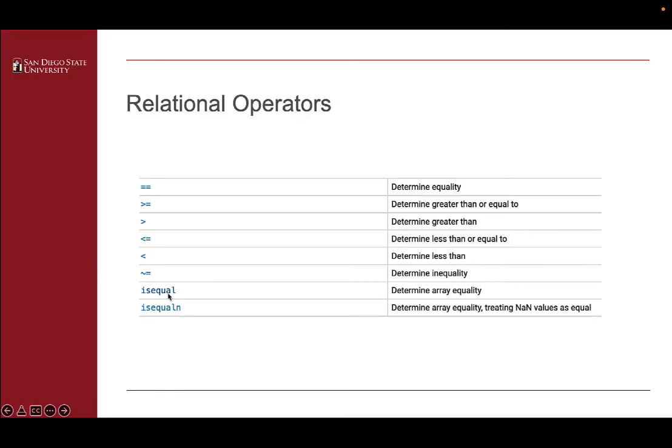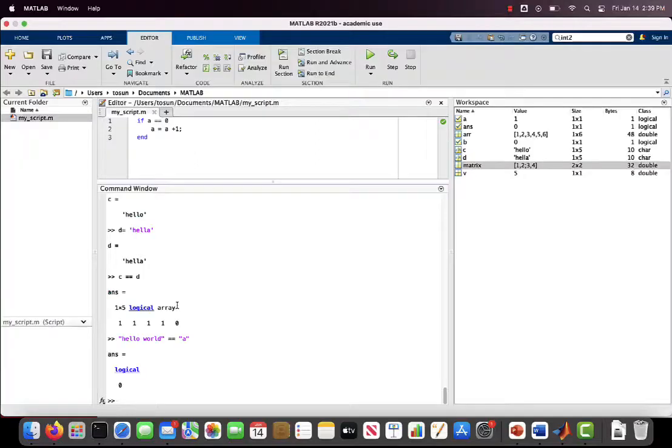And in here, we have 2 more functions. isequal and isequaln are not operators, but functions that measure the relation between variables.